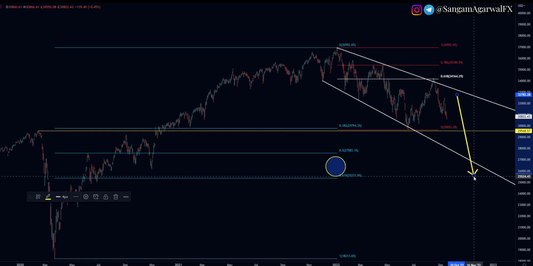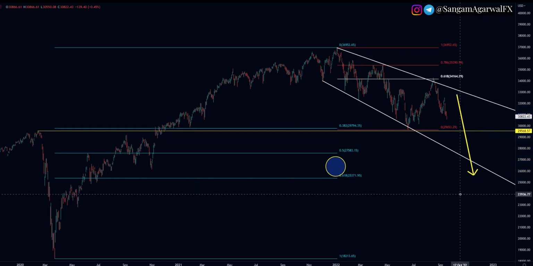So after this low, in the upcoming quarter, October, November and December, there is a good chance of a Fed pivot. They cannot raise interest rates forever, and by the December NFP, CPI, everything will give a clear signal, especially ISM data.